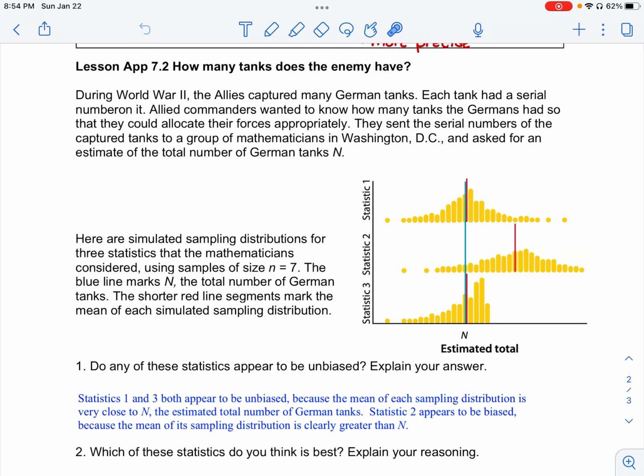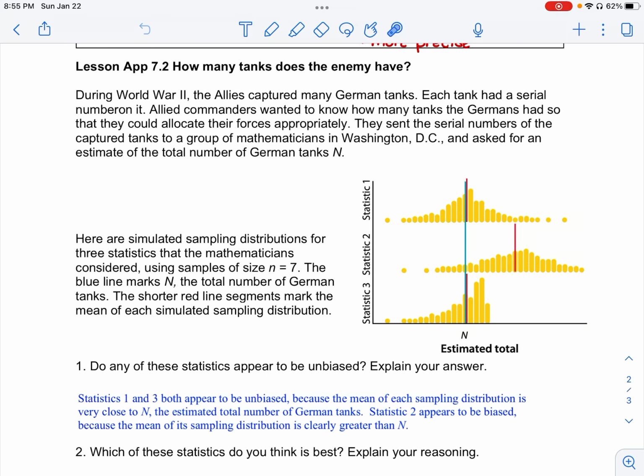So the red lines represent the means of each statistic. You can see there's a red line right on top of the blue line there. So for this distribution, the mean was right here. For statistic 2, the mean was right here. And for statistic 3, the mean was here.